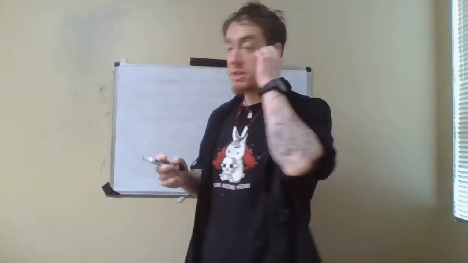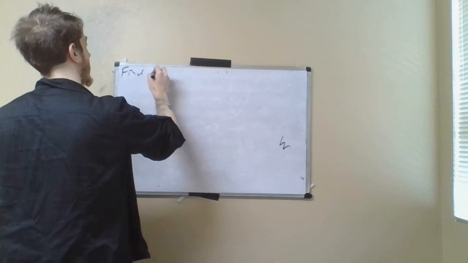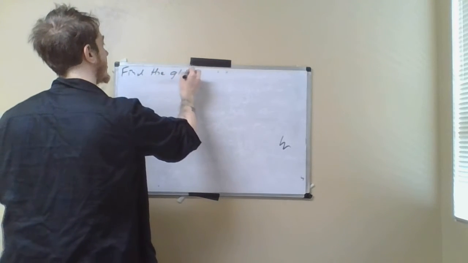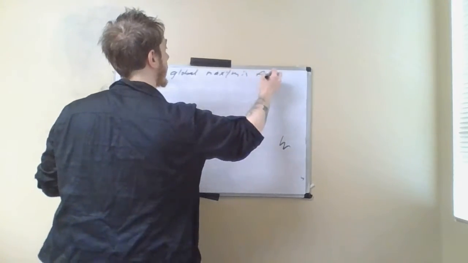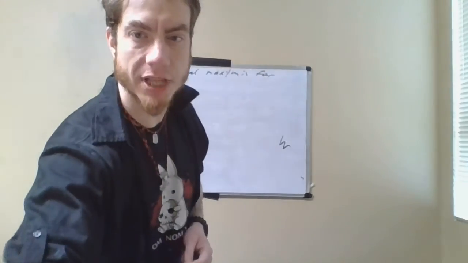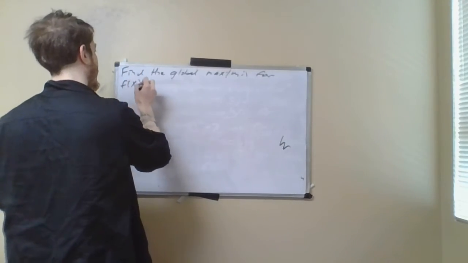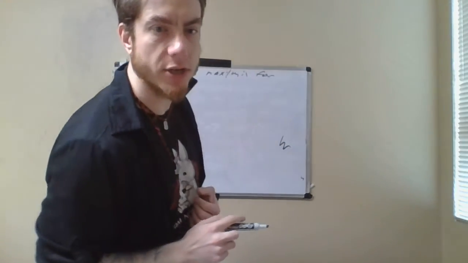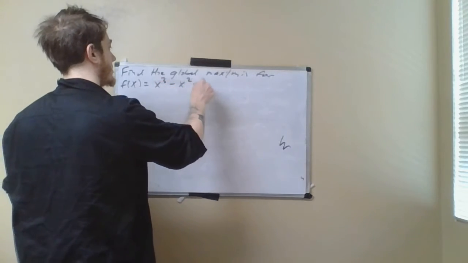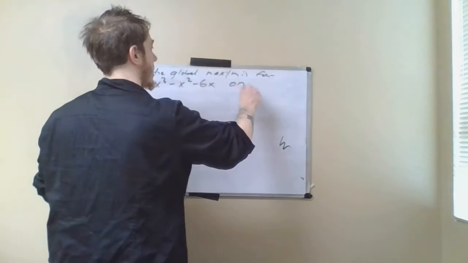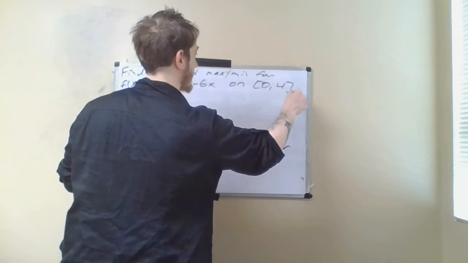So let's try doing the same thing, and let's see if we can find the global maximum and minimum for f of x equals x cubed minus x squared minus 6x on the interval from 0 up to 4.